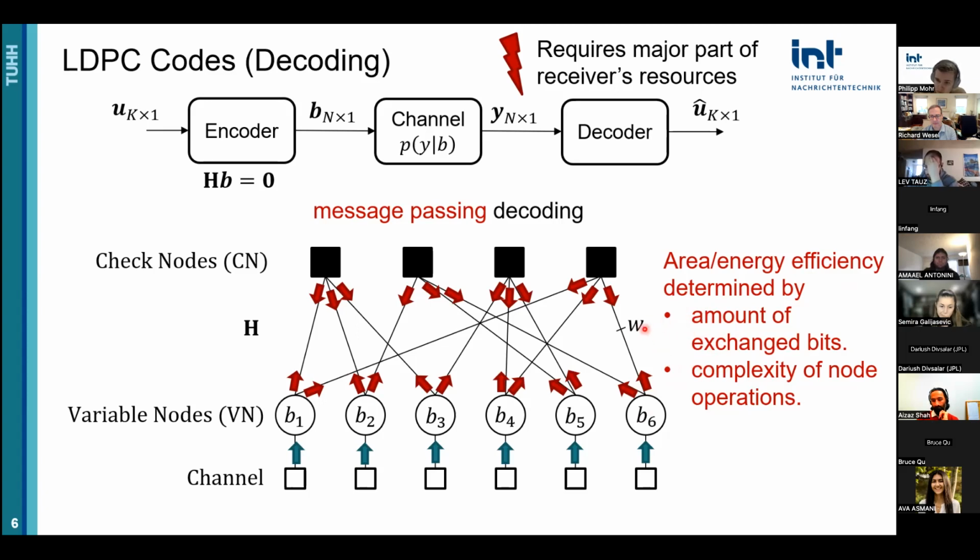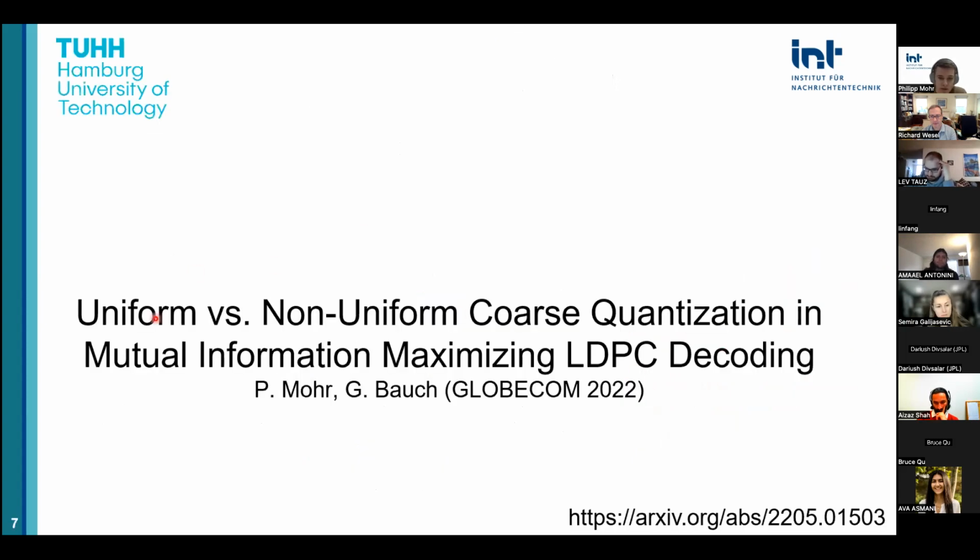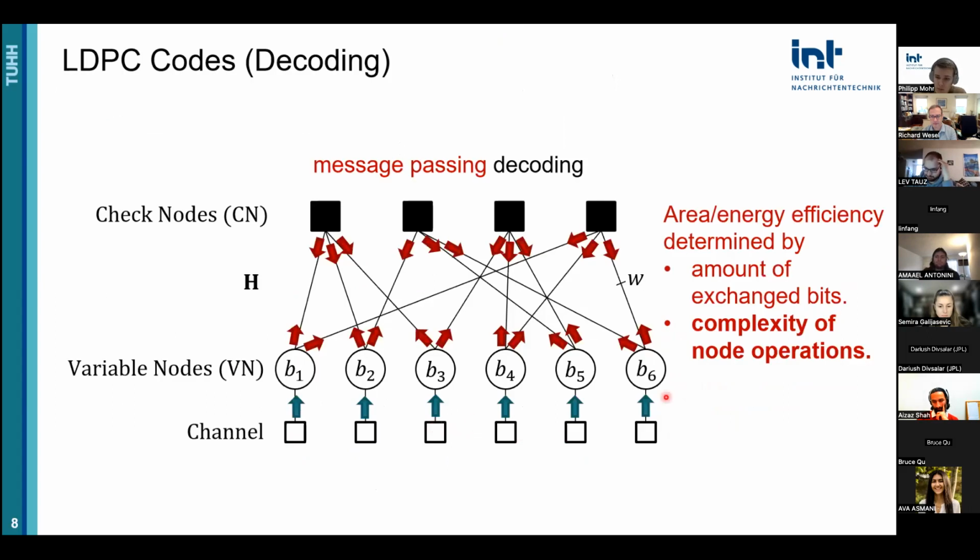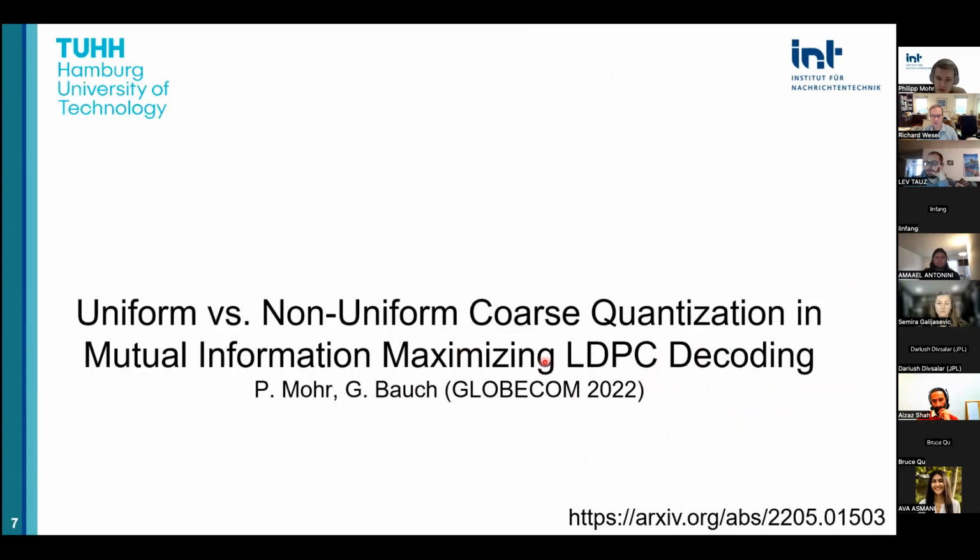The first point refers to the bit width of the messages, and the second point refers to the node operations. In this first work, we will focus mostly on reducing the complexity of the node operations. And this work has been recently presented at GlobeCom.